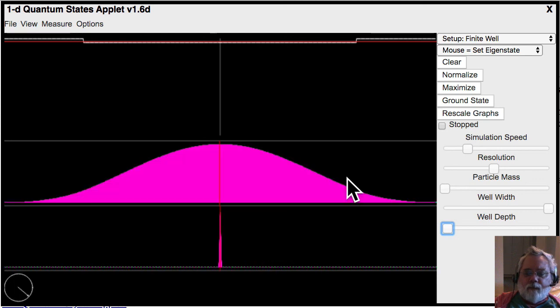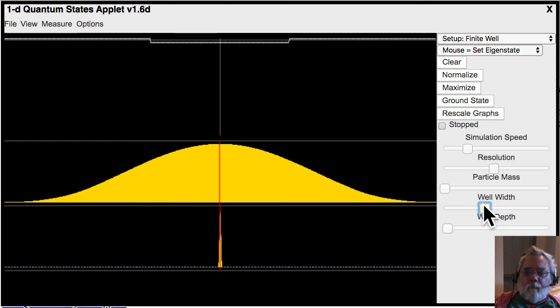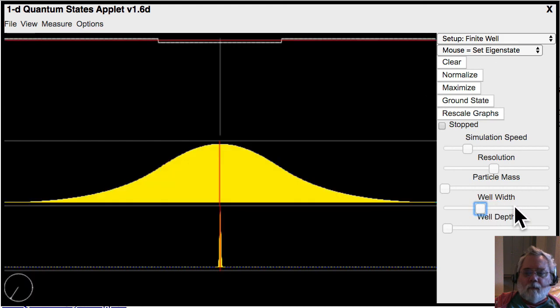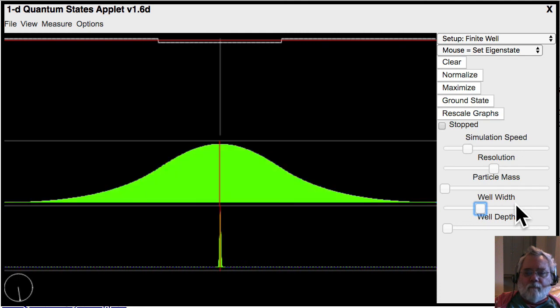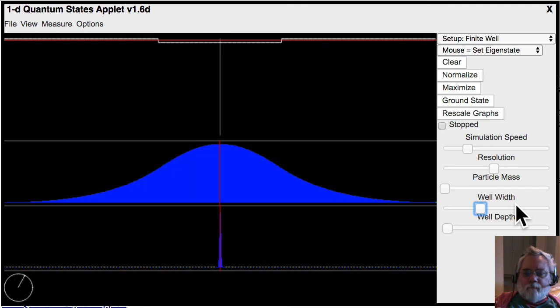That need not be true in 2 dimensions and 3 dimensions, but in 1 dimension it is. Let's reduce the well width. Here we can definitely see that there is probability density outside the well for a finite well.